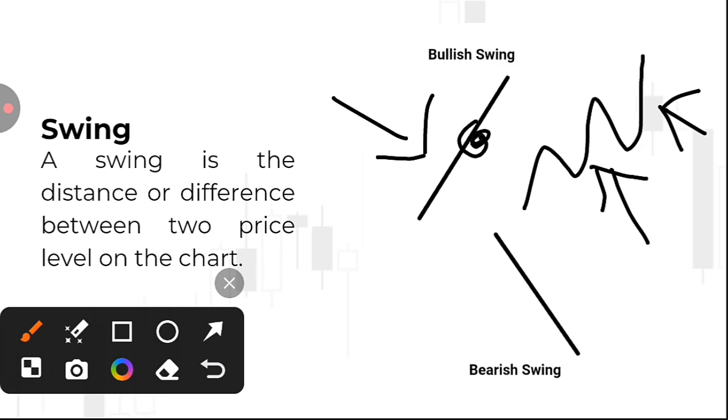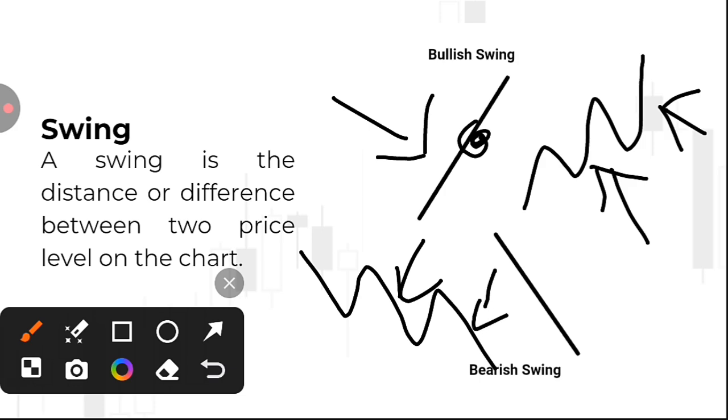As for a bearish scenario, it's still the same thing. In a bearish scenario or in a selling environment, price will keep going down. When price keeps going down, it also moves in a wave like this, so each of these moves here is called a swing. Hope you understand now.